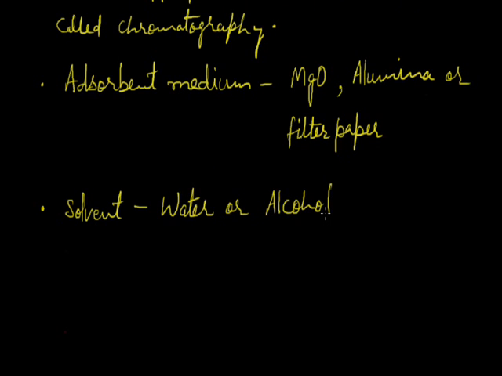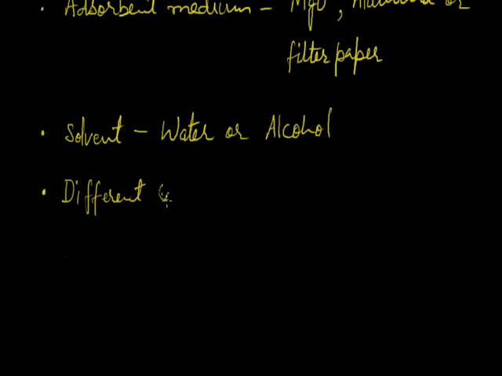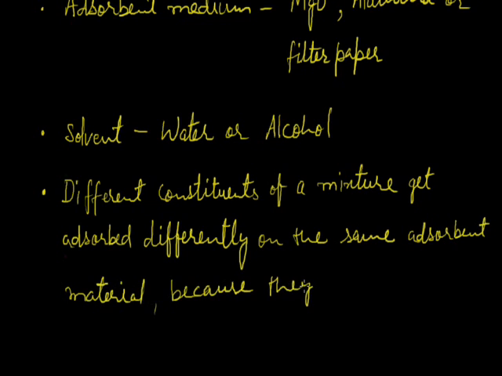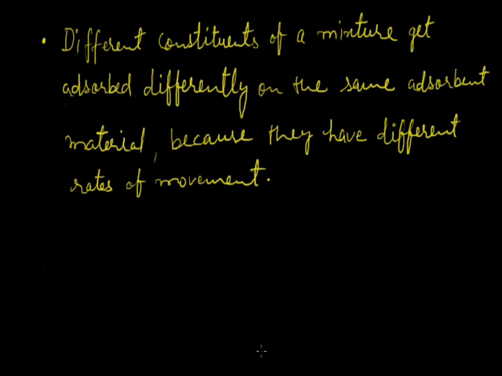The different constituents of a mixture get adsorbed differently on the same adsorbent material because they have different rates of movement. The rate of movement of each adsorbed material depends on the following things.